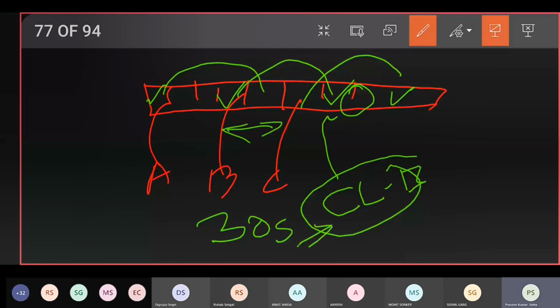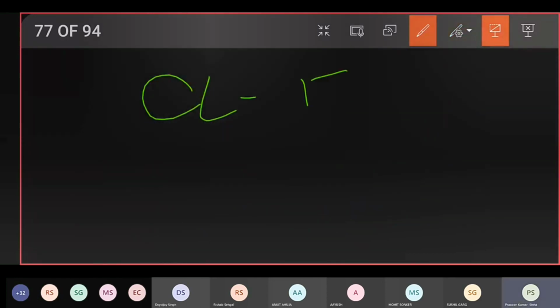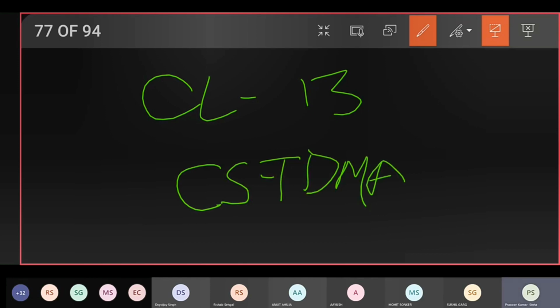It does not disturb the operation of class A, and that is why class B is said to be polite to class A. Please, you first. In Lucknow that's what happens, right? Pehle aap. So class B allows class A to do their operation, and then wherever it finds space, it transmits. That means it keeps checking the carrier frequency. It is sensing the carrier frequency for where the open slots are, and so class B is said to be working on CSTDMA. That means no slot reservation, only sensing the carrier. So this is carrier sense time division multiple access.